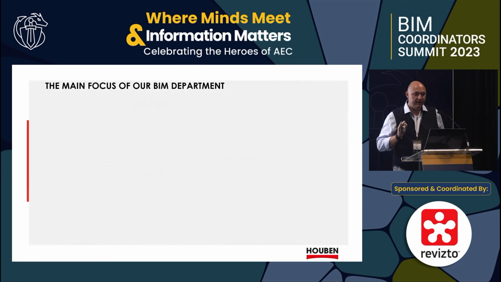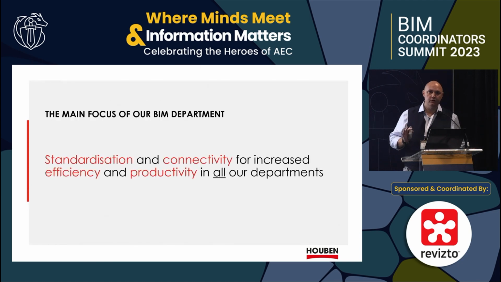Now, before I start with the 5 key tasks, I want to explain to you what the goal is of the BIM department within Houben. So what do we want to do? Standardization and connectivity for increased efficiency and productivity in all our departments. What does that mean?